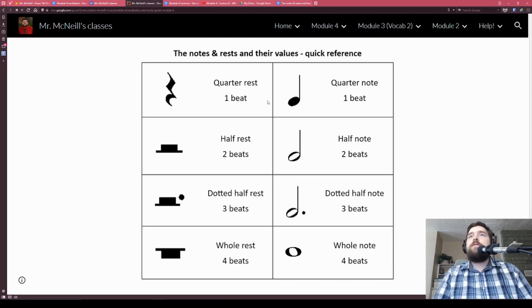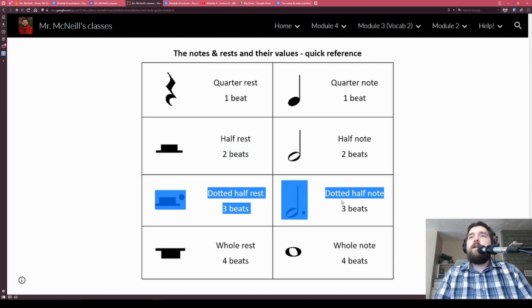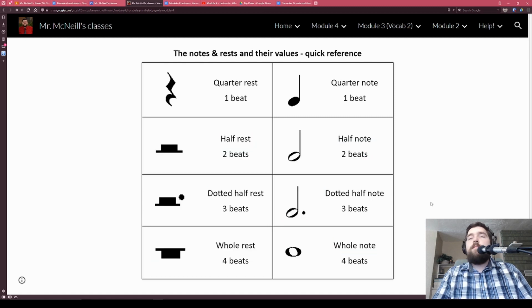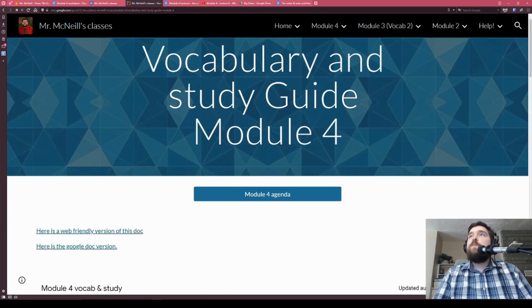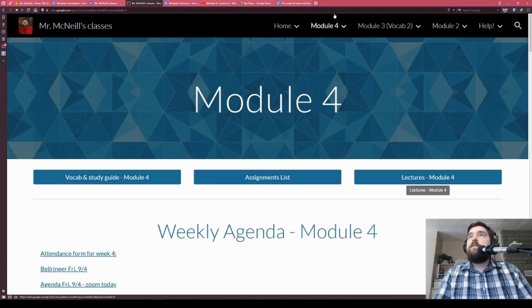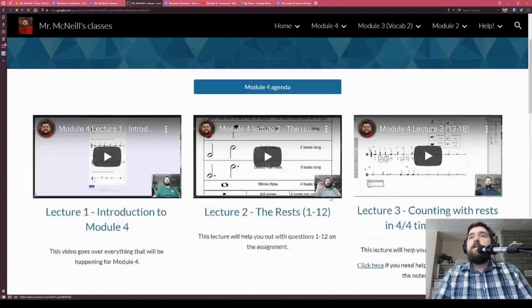Our quarter rest or our quarter note, each of those get one beat, the half rest, the half note, the dotted half rest, the dotted half note. Anyway, this is here at the bottom of this study guide page, as well as I have it linked with some of our lectures that need it.